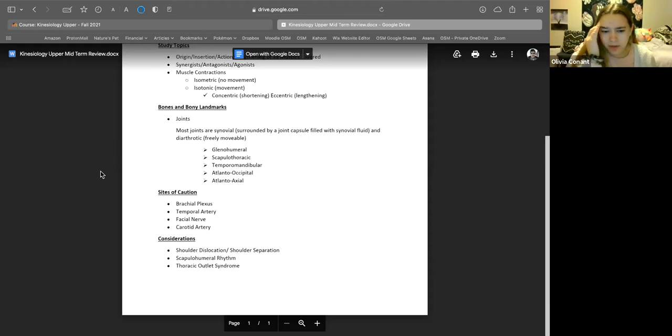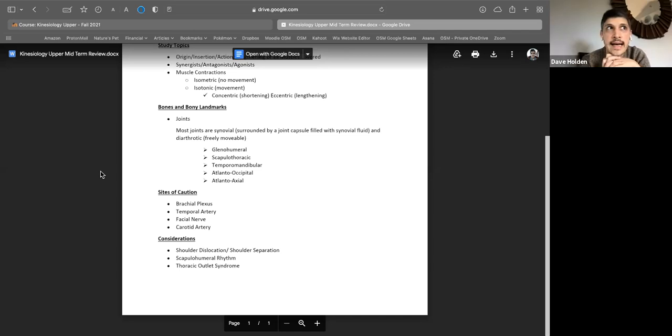What's scapulohumeral rhythm? This was something we looked at in last week's slideshow. Scapulohumeral rhythm describes the difference in motion between the humerus when it's abducting and the scapula when it starts to upwardly rotate.